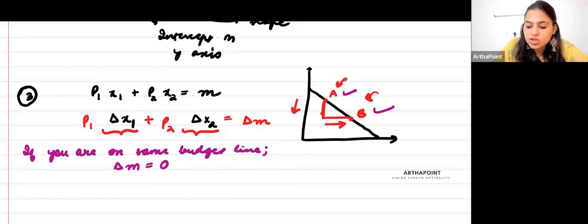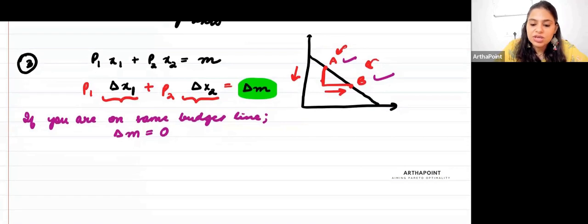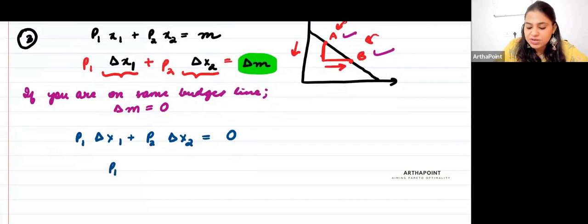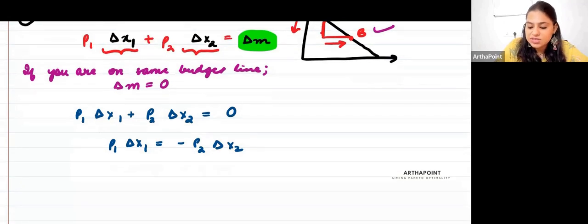So change in M is 0. So I can rewrite this by saying P1 change in X1 plus P2 change in X2 is 0. This means that P1 change in X1 is minus P2 change in X2. And this means that change in X2 upon change in X1 is minus P1 by P2.